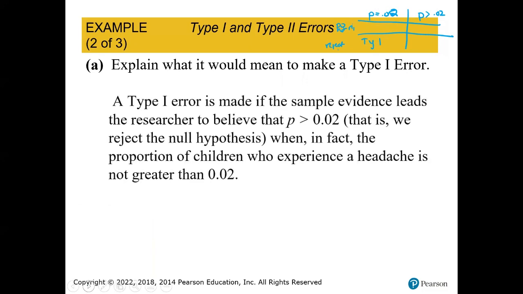The type 1 error is made if the sample evidence leads the researcher to believe that it is in fact greater, rejecting the null when in fact it really is not greater than 2%. Type 1 means we reject the null when I shouldn't have.